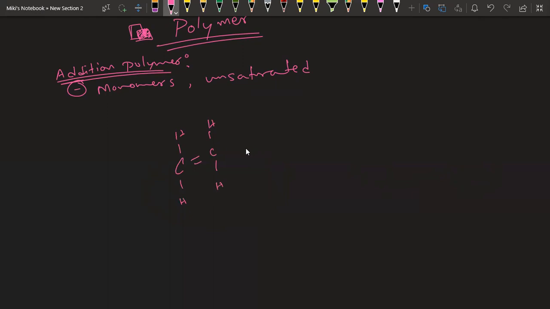Now I apply certain conditions and provide five such ethene molecules. What will happen in addition polymerization is that one of the bonds will break for each of them, and they are going to form bonds with the other molecules.